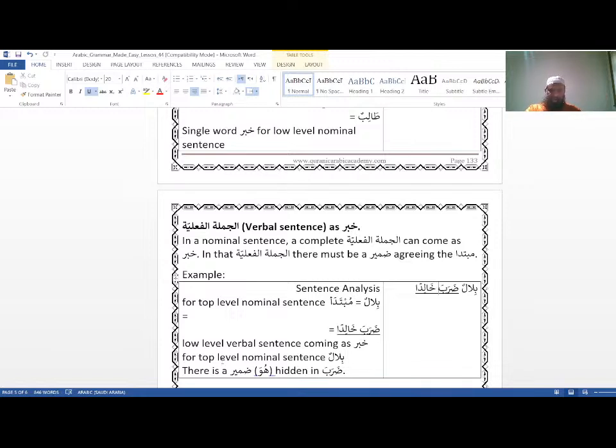So daraba Khalidan, a low level verbal sentence, comes as khabar for the top level nominal sentence Bilal. There is a damir huwa hidden in daraba, and that huwa is referring to and agreeing with the first mubtada in number and in gender.